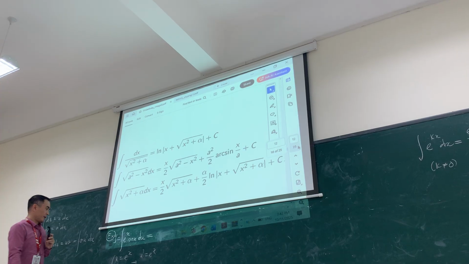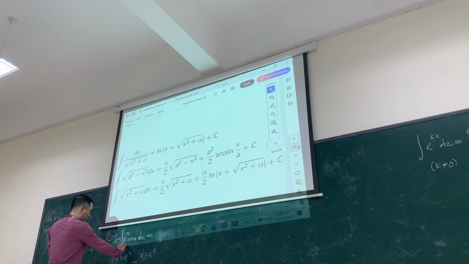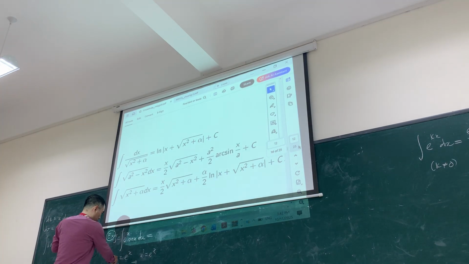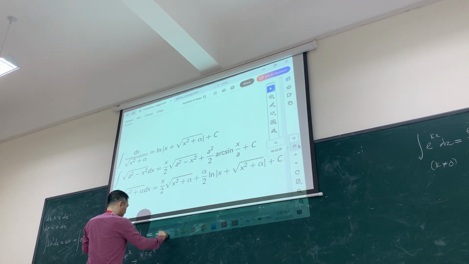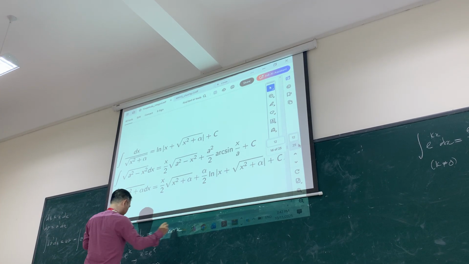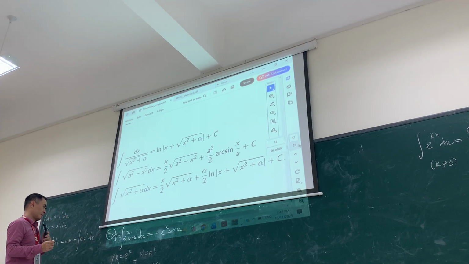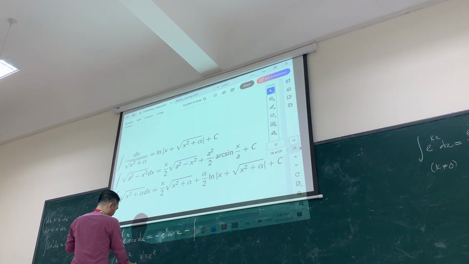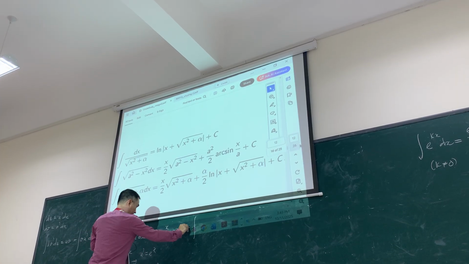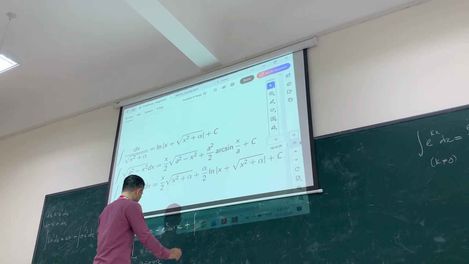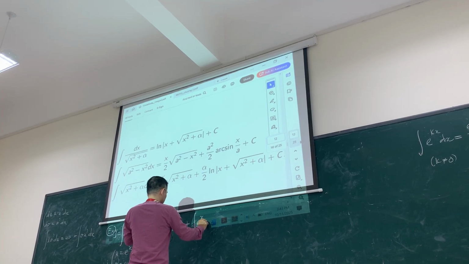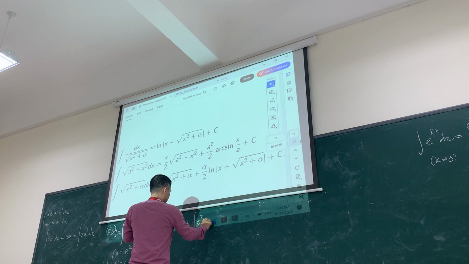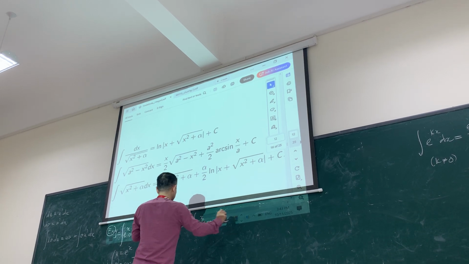Okay, we apply integration by parts in that case. We obtain I equal u times v, minus exponential x cosine x, minus the integral of u prime times v. Okay, we change to plus the integral of exponential x cosine x dx.